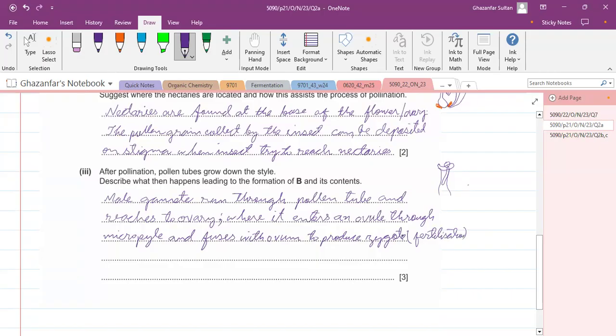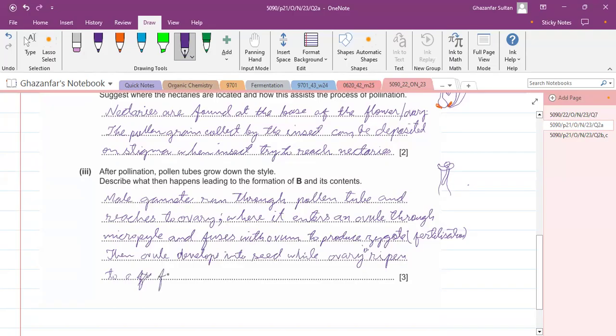So when fertilization occurs, then ovule develops into seed while ovary ripens to a fruit.